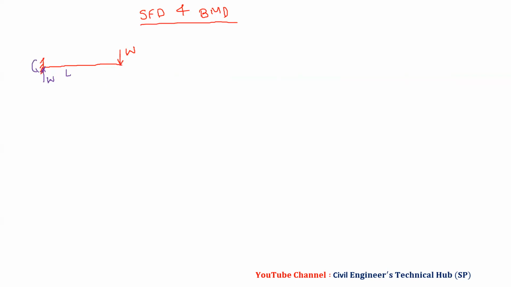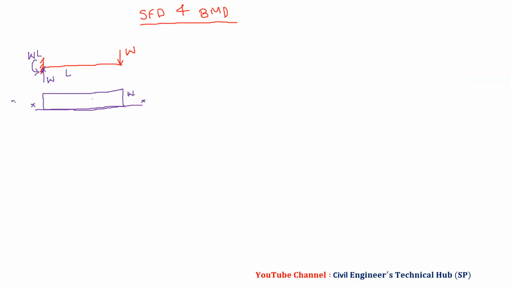So we will get here an anti-clockwise moment W into L. Then if you draw the shear force diagram, we will start from here, go up, then no load, so we go till the free end. So we have this on the positive side. This is our baseline, and this value we have W.